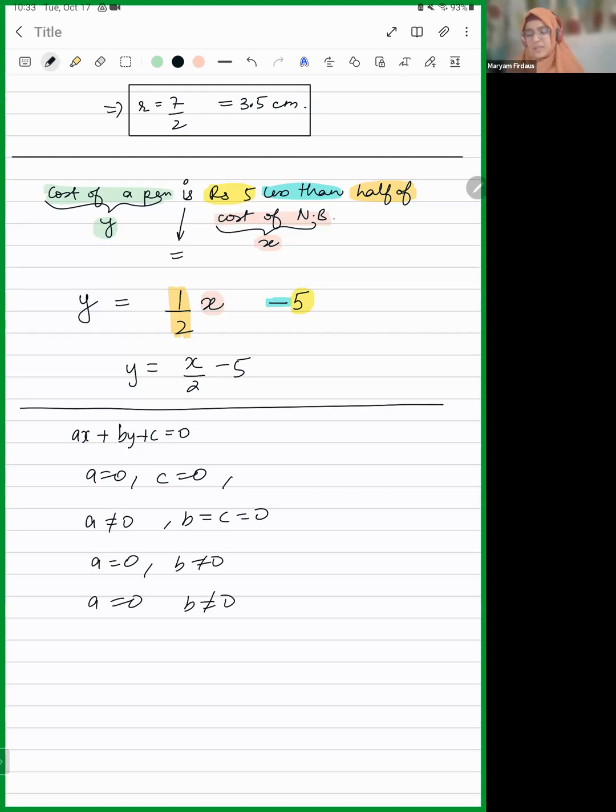One second. What's the difference between options c and d? The c one is a is equal to 0 and b is not equal to 0, and in d, both are not equal to 0.